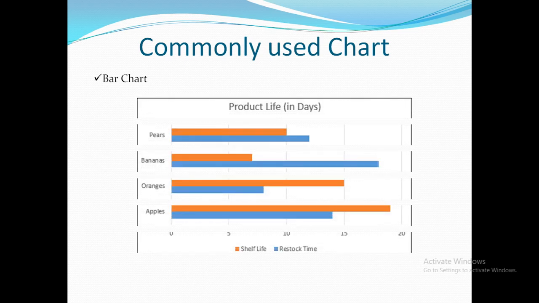Next we have the bar chart. This chart type displays the data items in the form of long rectangular bars, which are also known as rods. Like a column chart, a bar chart is also used to illustrate comparison among the individual items, but here the bars are displayed horizontally.